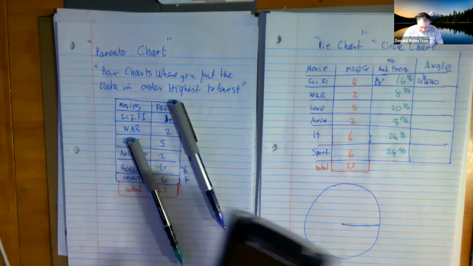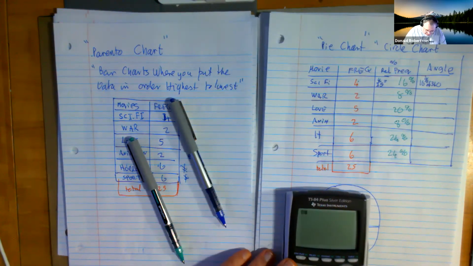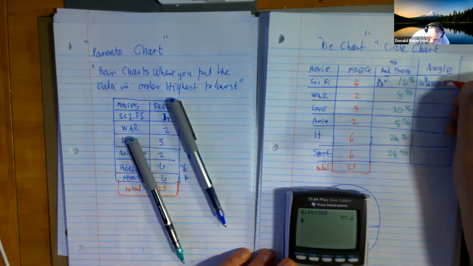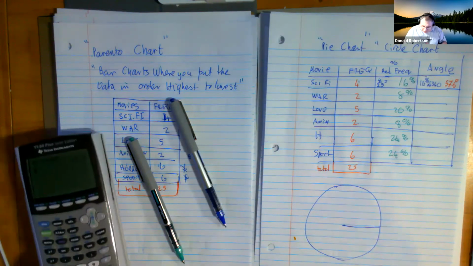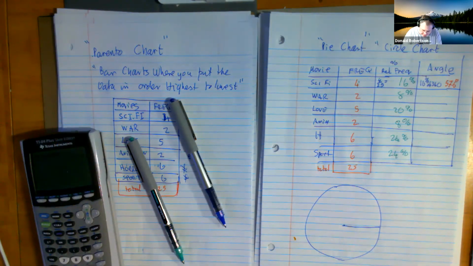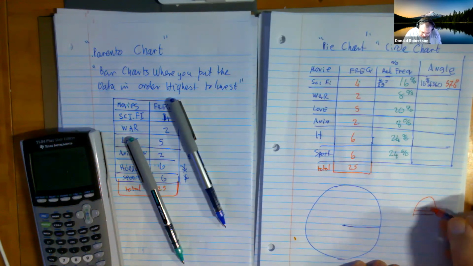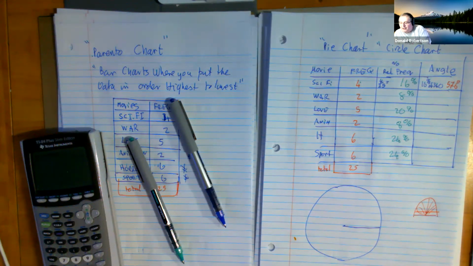Now, if I want to get 16% of 360, I could just go 0.16, which is what 16% is as a decimal, and then times 360. And I get 57.6 degrees. Now, I want you to imagine that you had one of these little plastic things, I don't know the last time you saw one, called a protractor.